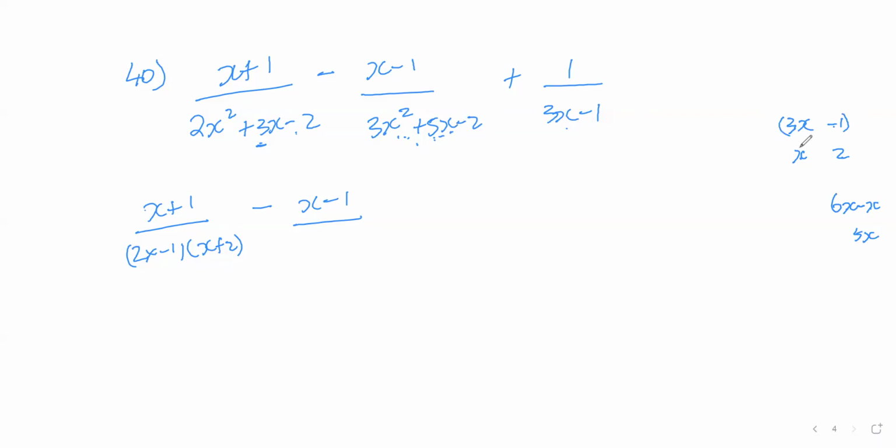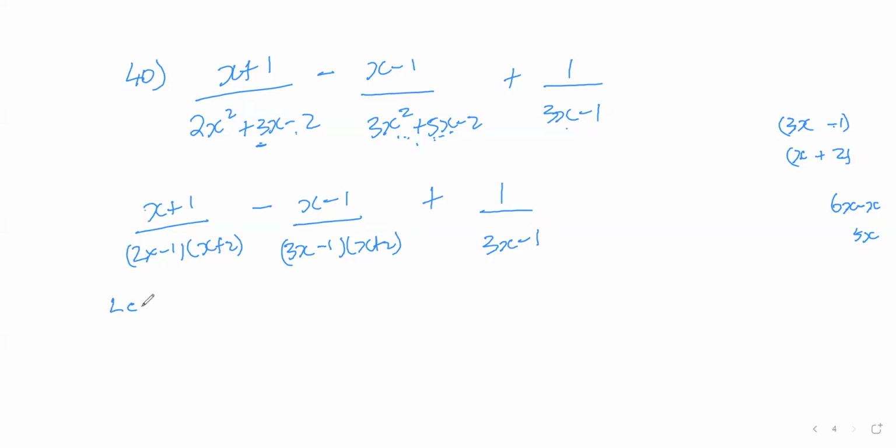So it's (3x − 1)(x + 2), plus 1/(3x − 1). This is my fraction with its denominators completely factored.